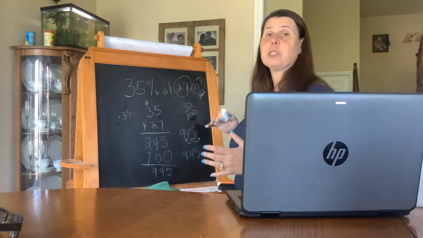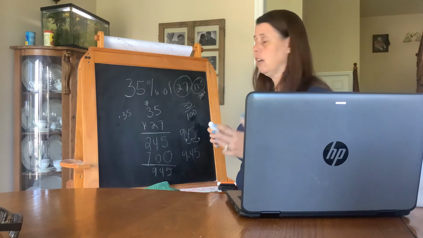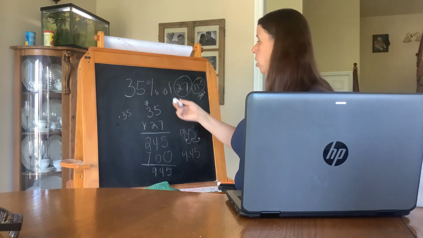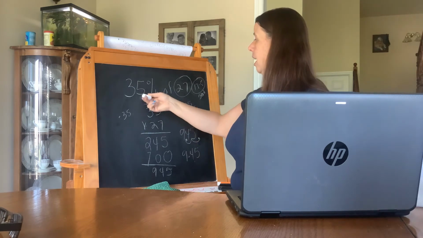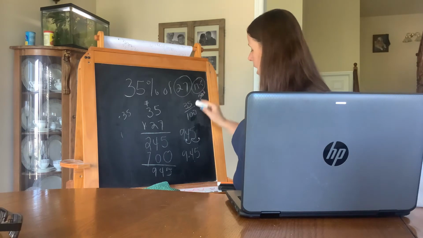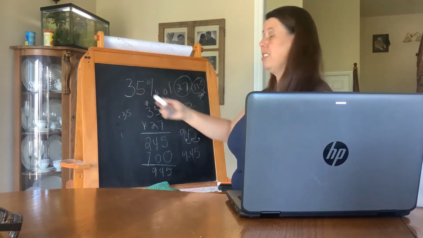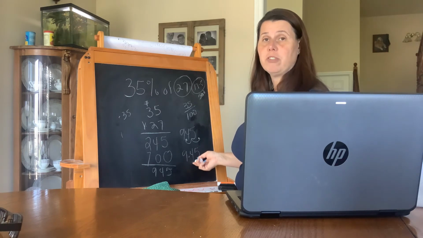Because 35% is less than 50%. So just as a check for yourself, think, okay, what should I be expecting this to be, right? And I'm looking for 35%, so that means that whatever answer I get, it should be less than 13.5.